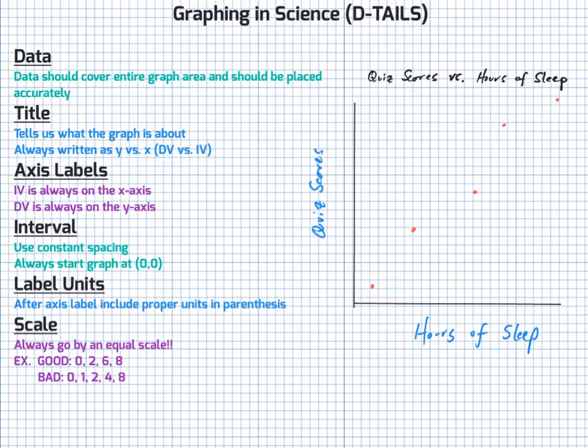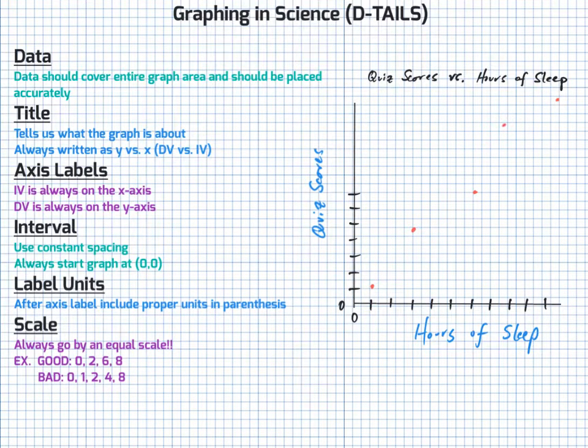Next, the I stands for interval. We always want to keep our spacing constant, and we always want to start our graph at 0, 0. I'm going to write 0, 0 down here, and we want to make sure that we evenly space our intervals, because that's going to give us the most accurate depiction of our data.